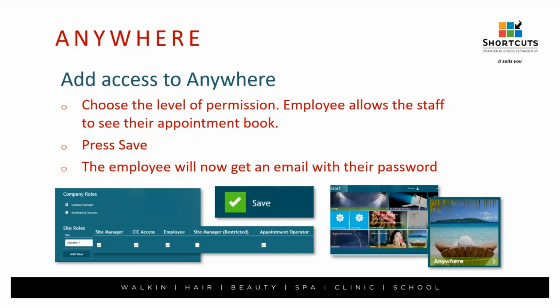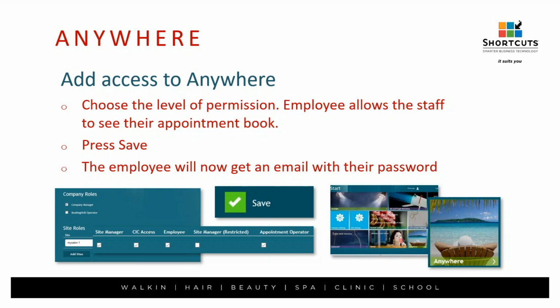Can you squeeze me in for an appointment? Right away, that employee can bring up Anywhere on their phone, look at their openings for Saturday, and make an appointment for that customer. So employee, appointment operator. For the majority of the sites I work with, those are the only two permissions you give the staff.